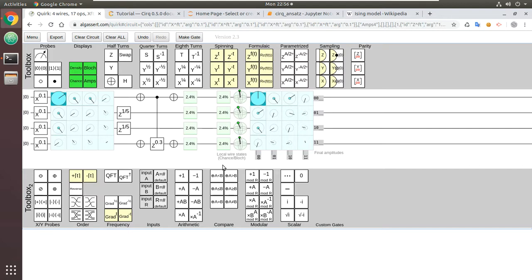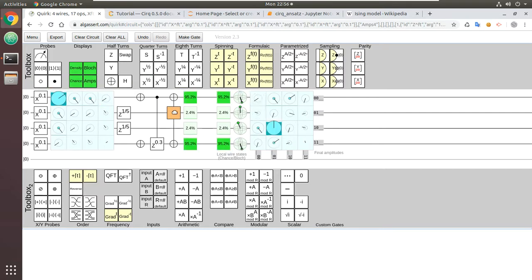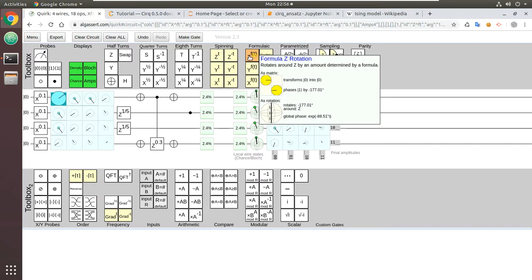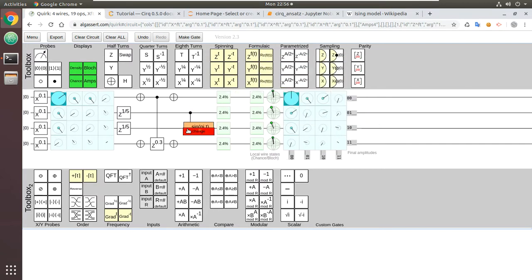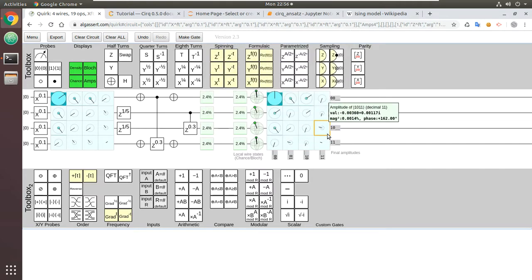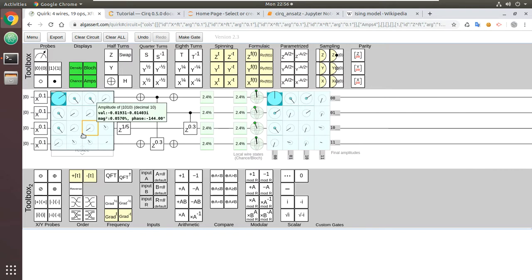Then let's say there's a control Z here, just for the sake of the example.